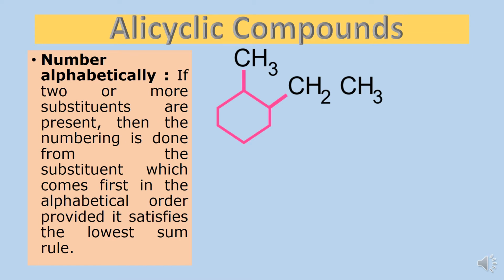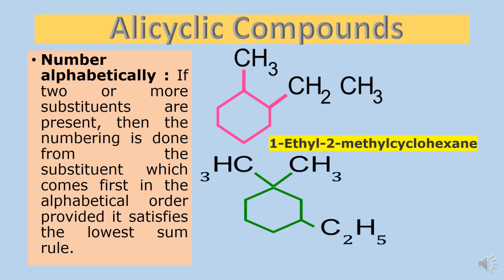If alicyclic compounds have more than one different substituent, then the naming should be done in alphabetical order. For example, in this case, ethyl comes prior to methyl in alphabetical order, hence the name is 1-ethyl-2-methyl cyclohexane. In numbering, preference is given alphabetically.